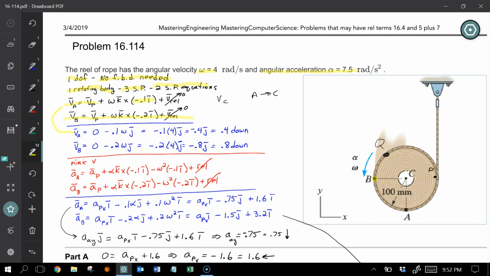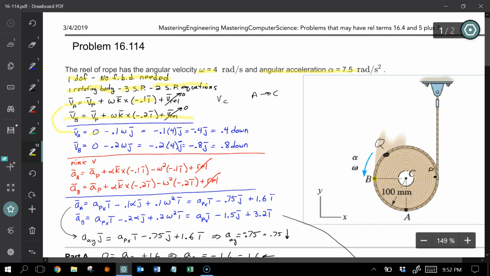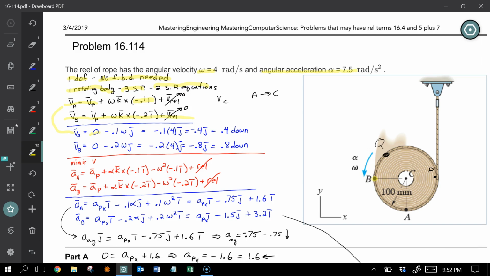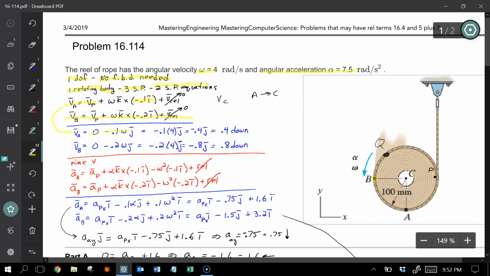The rope is fixed, so the rope has 0 velocity, and that's why P has 0 velocity. And then I do the cross product. K cross I is a positive J, so the cross product gives me this term right here.